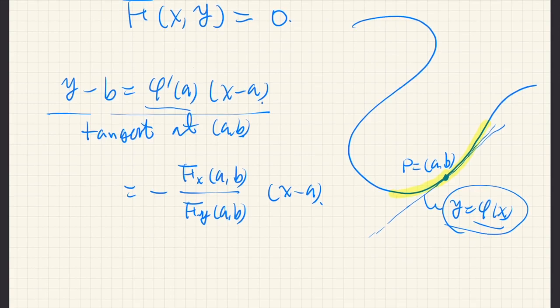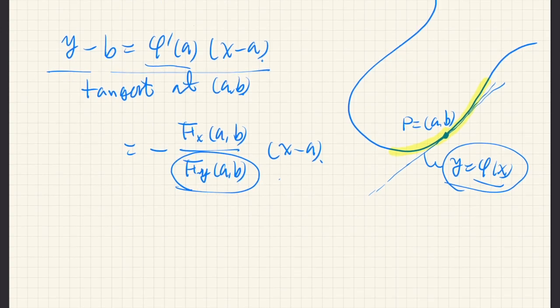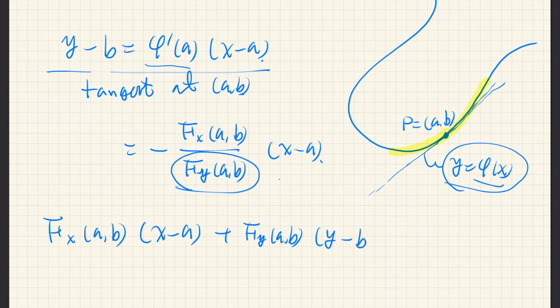So if we move this to the left-hand side and multiply everything by f_y, we have f_x(a, b)(x minus a) plus f_y(a, b)(y minus b) equal to 0.